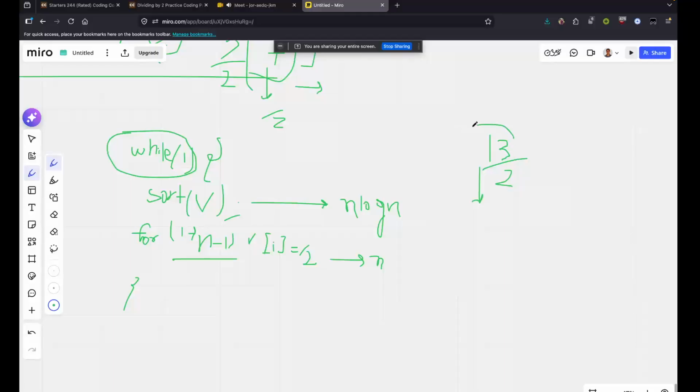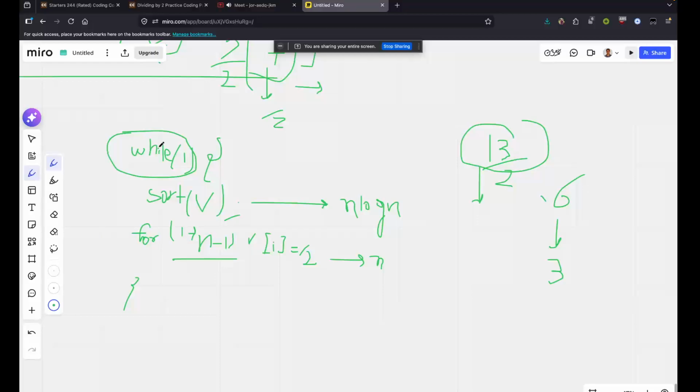Consider the case where it is not the minimum. In the first pass, you divide it by 2 and it becomes 6. Then in another operation, it will become 3. Are you getting what I am saying with this 13? Yes, Bhaiya. So this while loop will depend on the maximum element present inside the array.